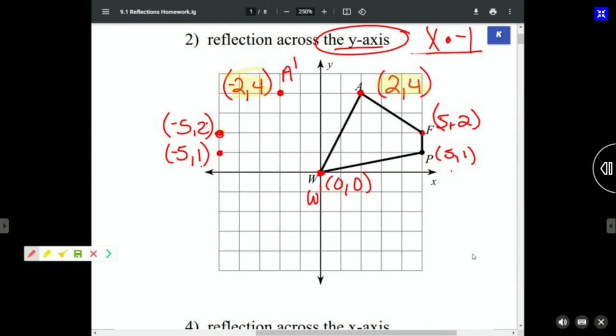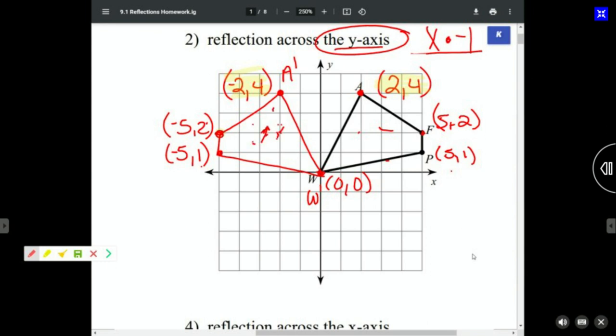If I'm flipping over X, X is going to stay the same. It's a reflection. You should always be able to fold your paper over that line and one cover the other.